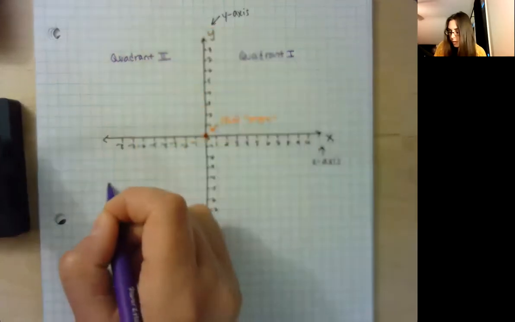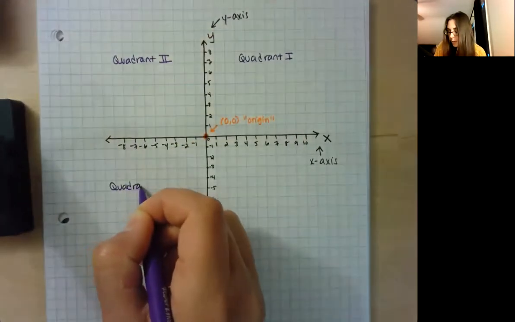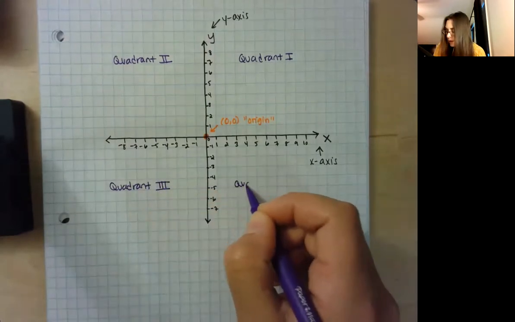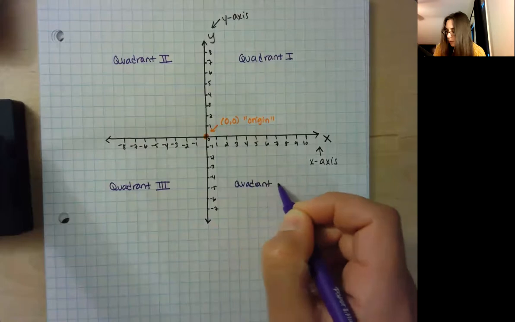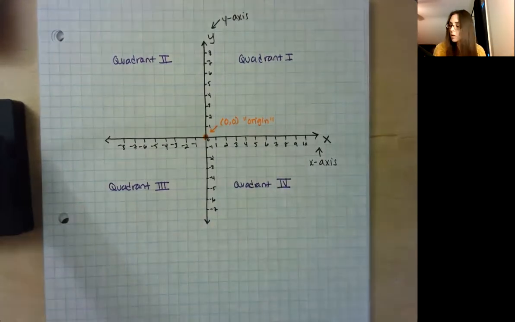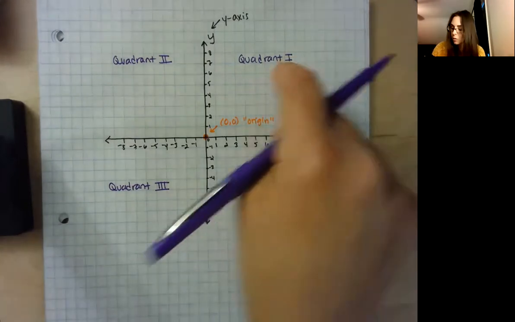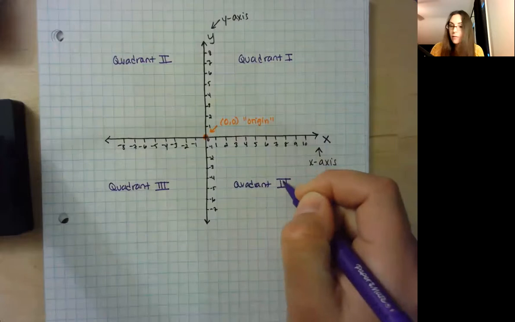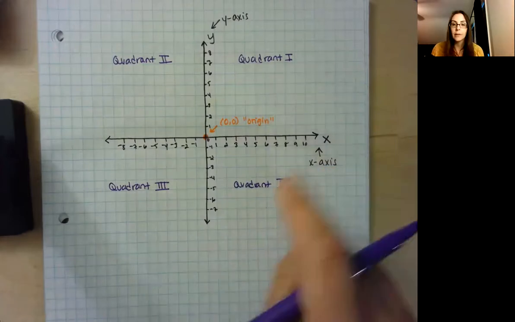This one is quadrant 3, and we typically use Roman numerals here. And this is quadrant 4. Again, I am using Roman numerals, which is standard notation. So that is I, II, III, and this here is IV. It's like an I with a V, so that stands for 4.